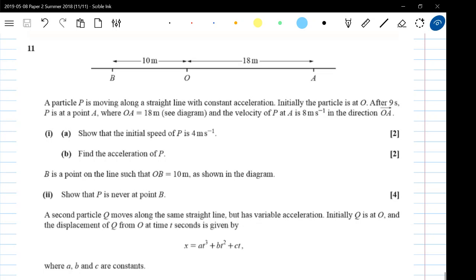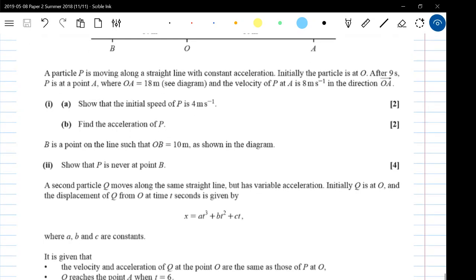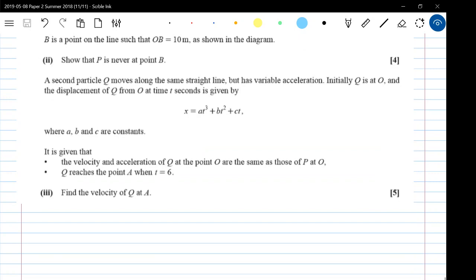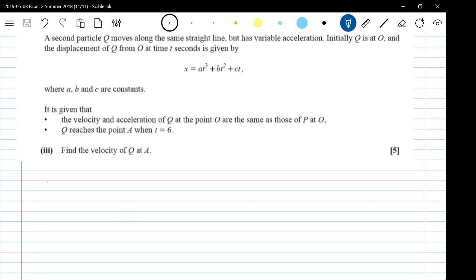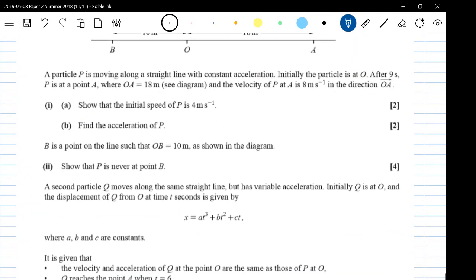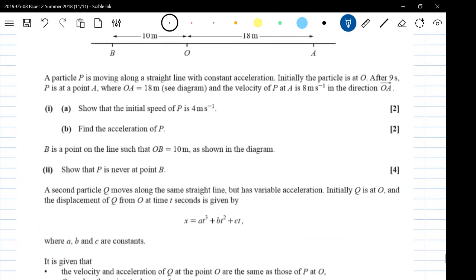This feels like it's got a SUVAT kind of thing going on. So it's constant acceleration, so it must be all to do with that. So what happens? Initially the particle is at O. We need to find the initial speed. We've got a final speed of 8.